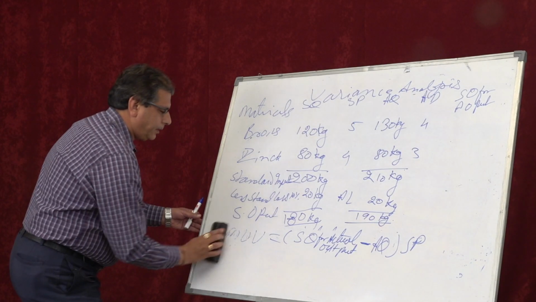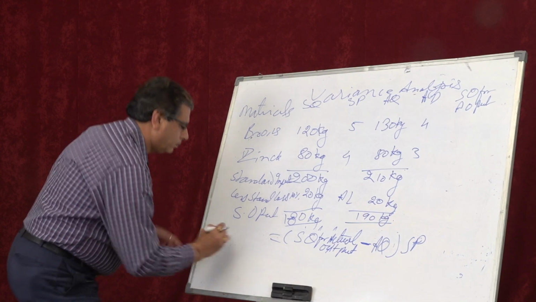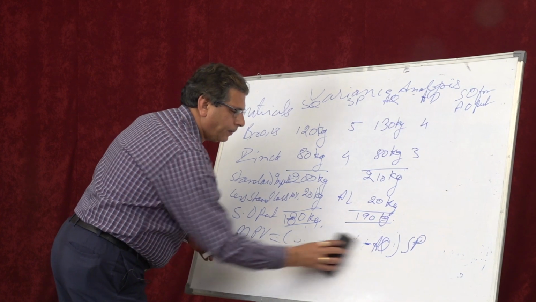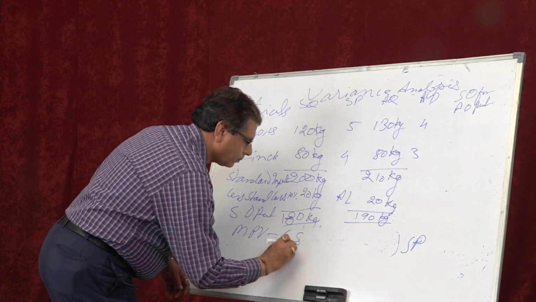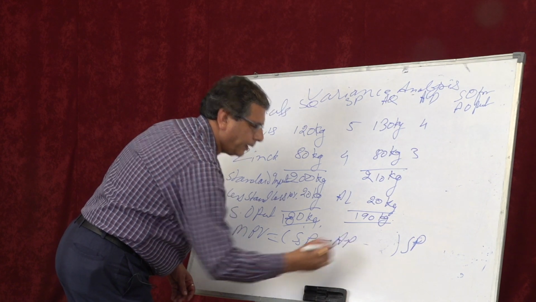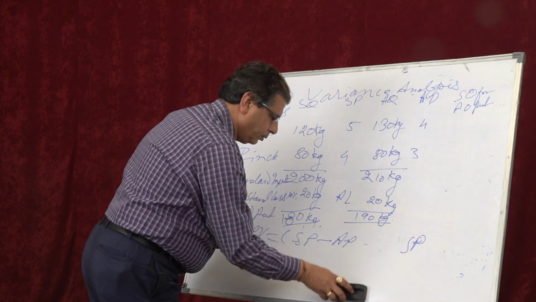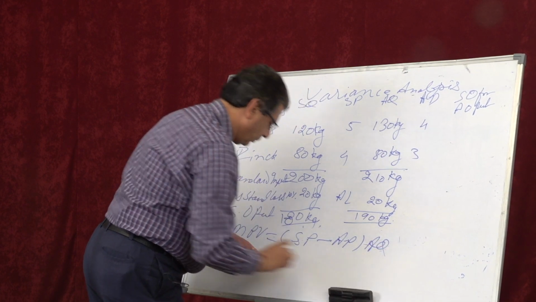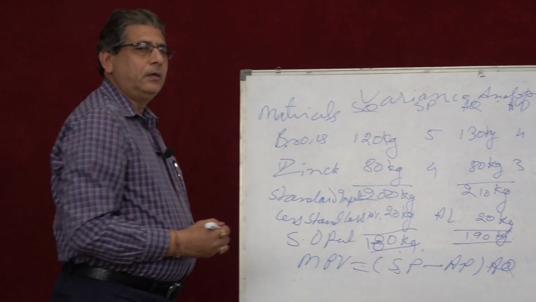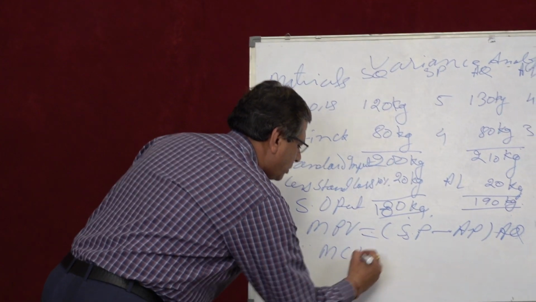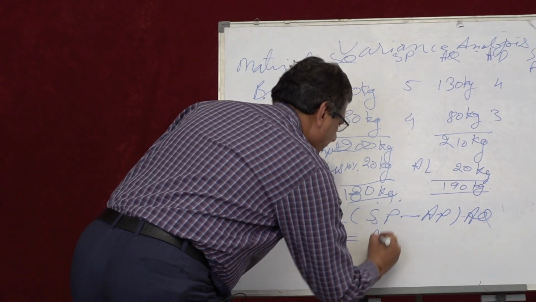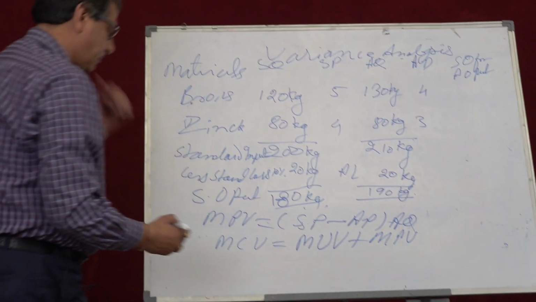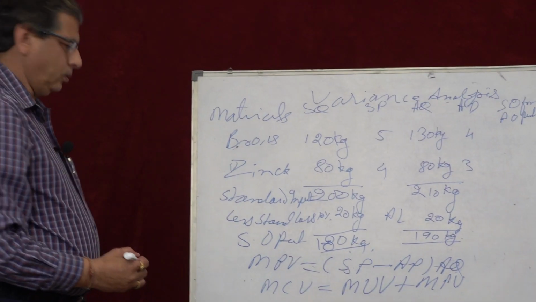Another variance you calculate is material price variance, that is standard price minus actual price into actual quantity. In fact, when you equate them, material cost variance is equal to material usage variance plus material price variance, and this equation holds true.